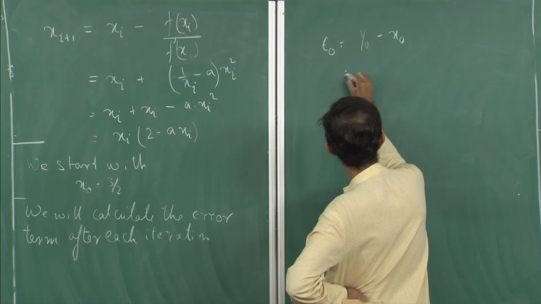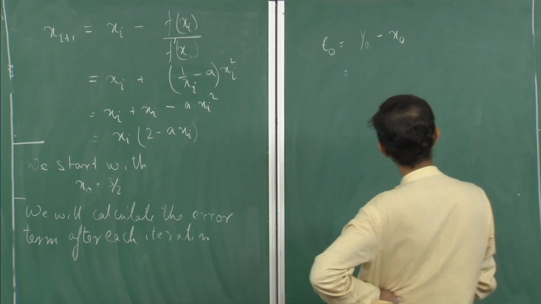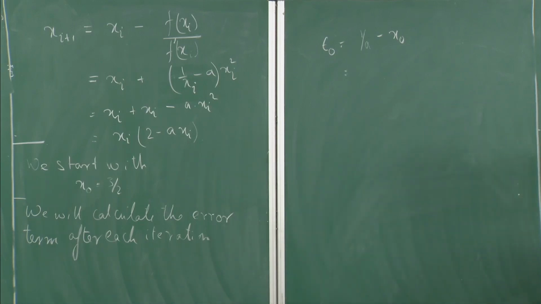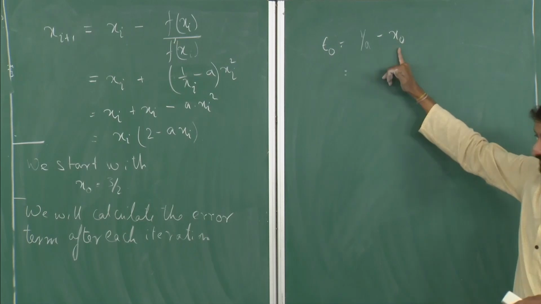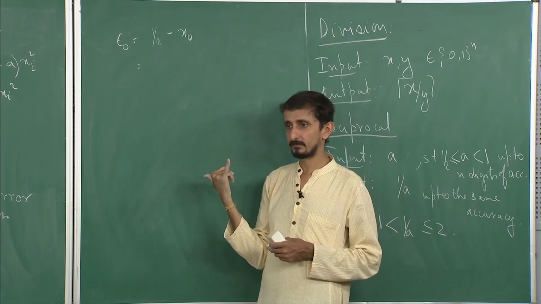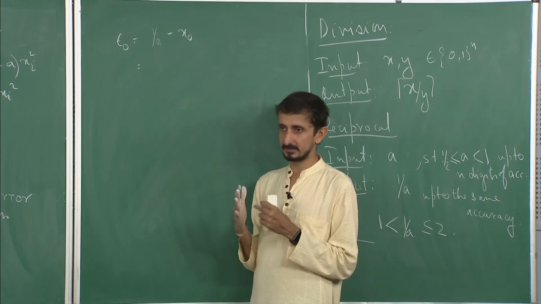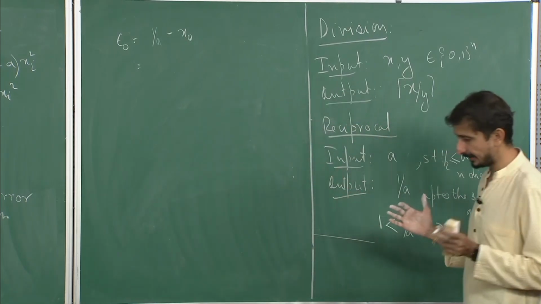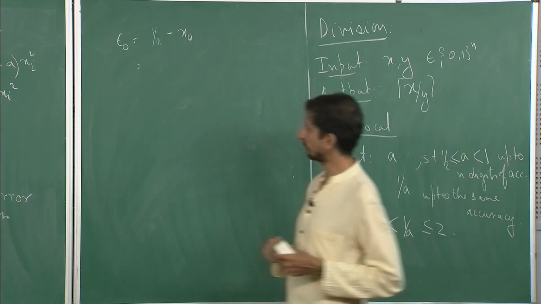So error term means that at every step I calculate xi. How far is xi from 1 over a? What is the difference between 1 over a and xi? So that should converge, and that should converge quickly for us. So we have to show that in a small number of iterations, I should get accuracy up to n bits.